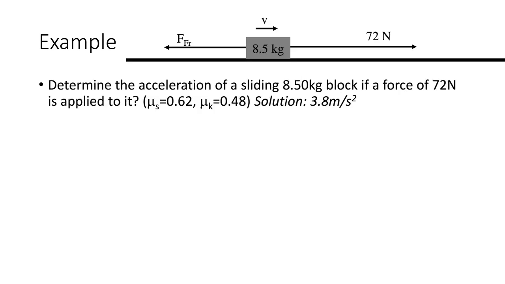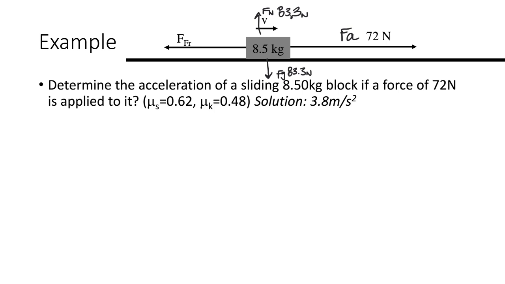Our last example. Determine the acceleration of a sliding 8.5 kilogram block if a force of 72 newtons is applied to it. Up at the top, you can see the force applied of 72 newtons, our unknown force of friction, as well as a force gravity and a force normal of 83.3 newtons. So in order to find the acceleration, I'd like to find the net force.